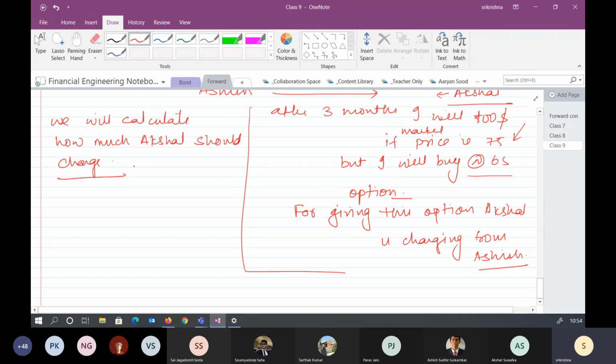Tomorrow we'll see what kind of linear equations we write so that we can calculate how much Akshat should charge from Ashish. Ashish should also know whether Akshat is charging the right amount or not. So in that case, Akshat will charge no matter what the condition.